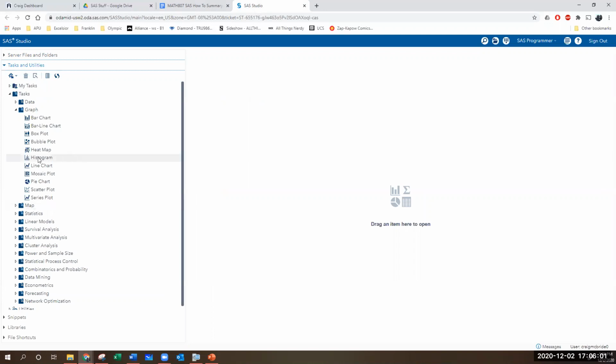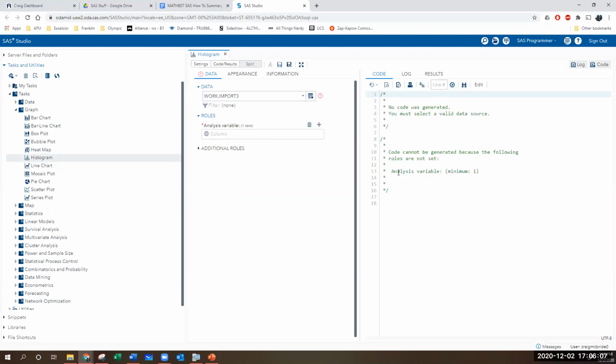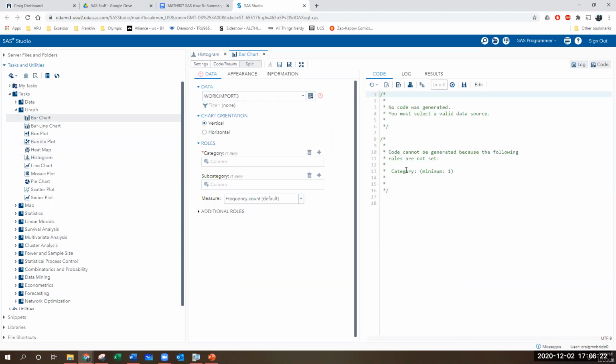I happen to use the histogram task because if I double click on histogram, you'll see over here it doesn't put a lot of code in there. It's a very simple code for histogram because you have to do a bunch of setup first before it really generates any code. But you could have just as easily double clicked bar chart, and you can see it's got a similar minimal set of code.